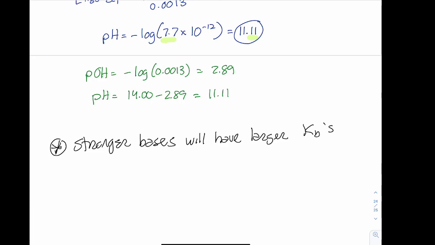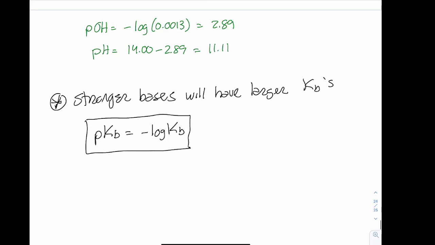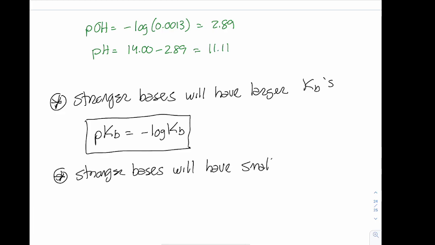We can also calculate our pKb. Our pKb is going to be the negative log of Kb. And then again, because it's a negative log, it's going to be that inverse relationship. So stronger bases will have smaller pKbs, right?